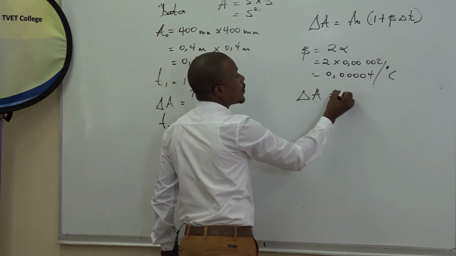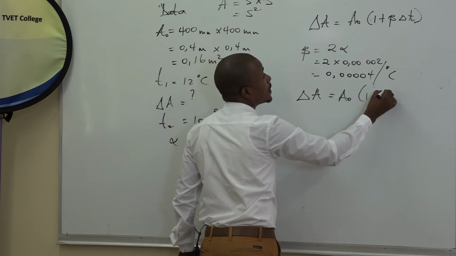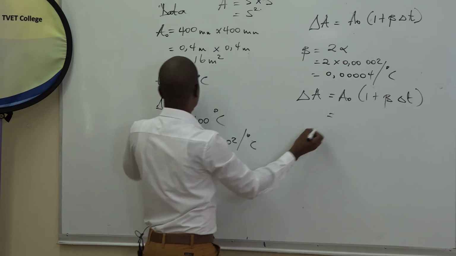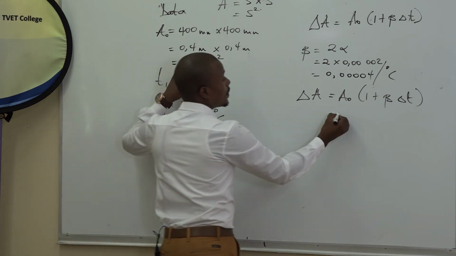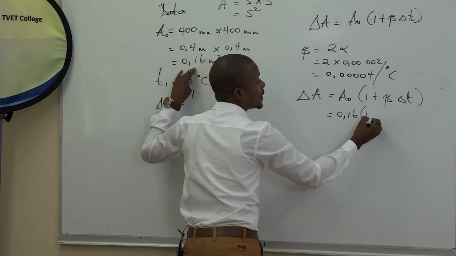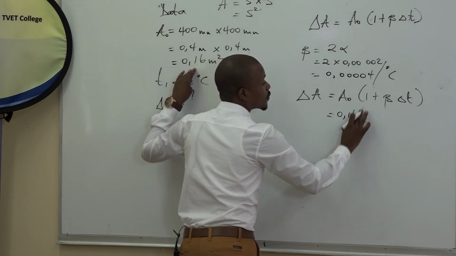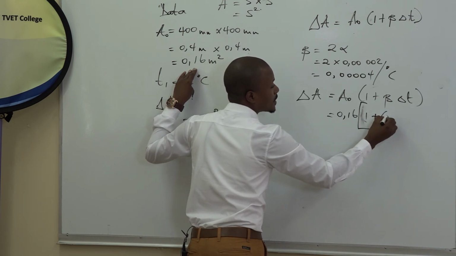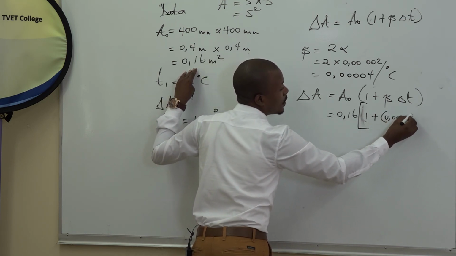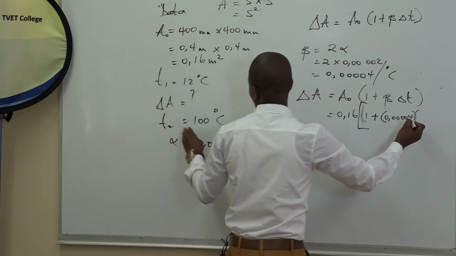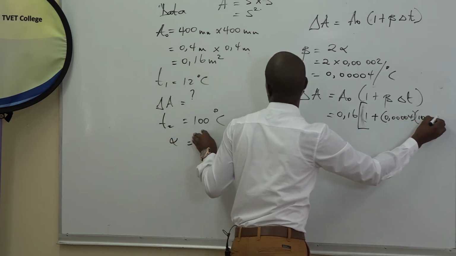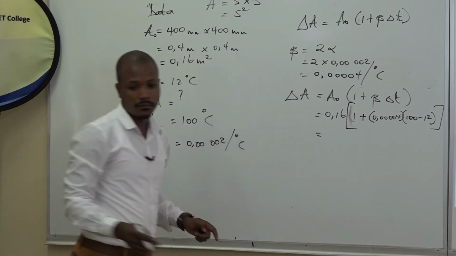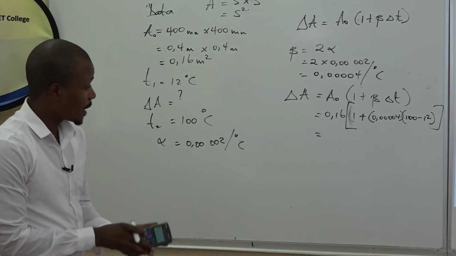And now we can jot in our information there. A will be equal to A0(1 + β ΔT). The original area is given here, that is 0.16, into square bracket 1 plus 0.00004 into 100 minus 12 degrees Celsius.